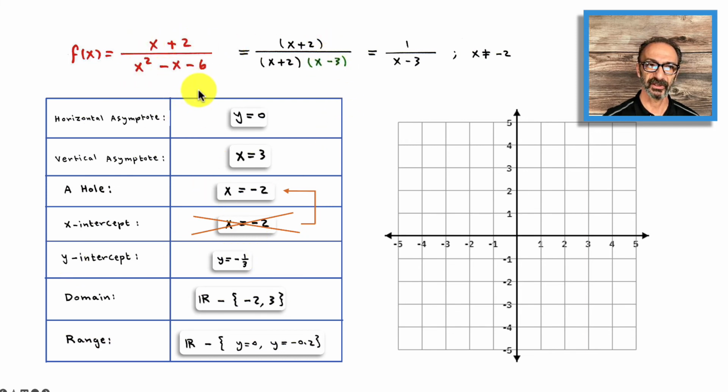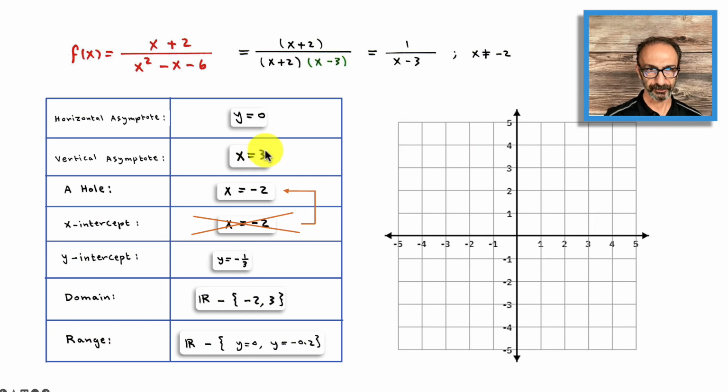I get 2 over -6, which simplifies to -1/3. The domain is all real numbers except what you cannot plug in, that causes the denominator to be 0. So you can't have a -2 and you can't have a 3. The range, I talked about it in detail, cannot be at the level of the horizontal asymptote at the x-axis, and it cannot be the output value when x equals -2 because that's a hole in the graph, and that y value is out of my range.